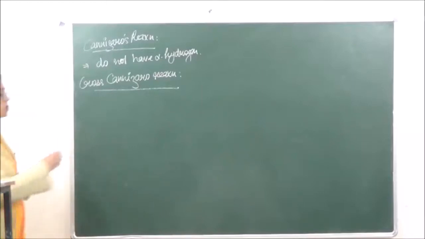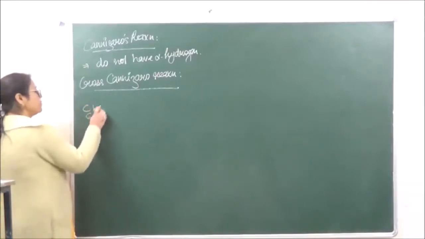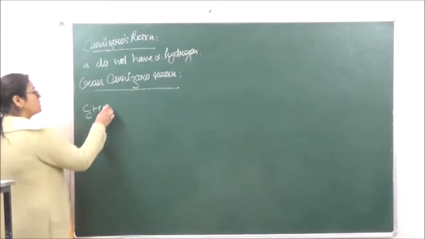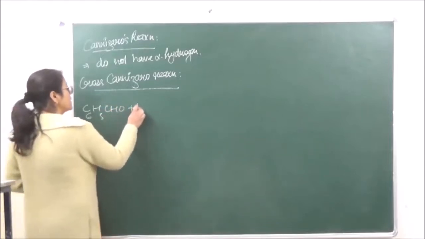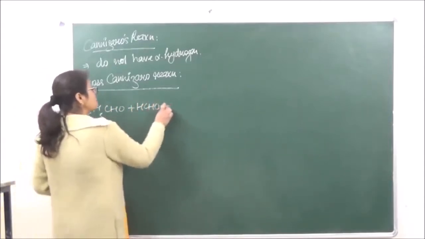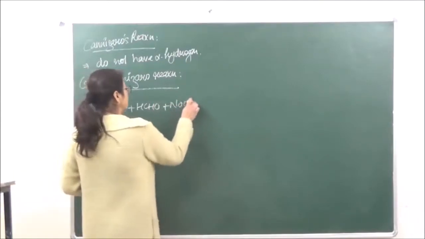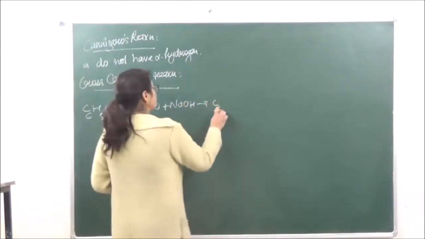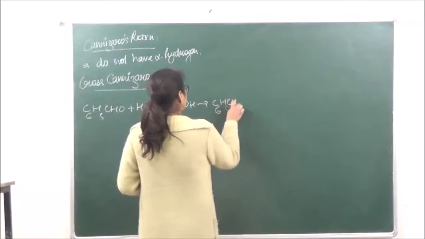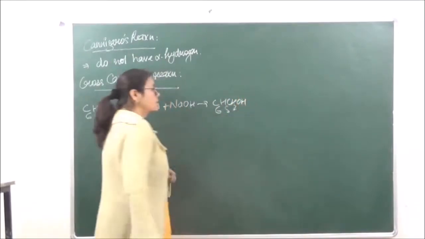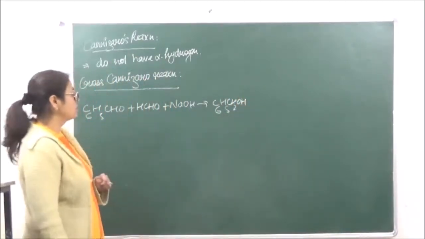So we have C6H5CHO plus HCHO plus NaOH. So we get C6H5CH2OH, right?